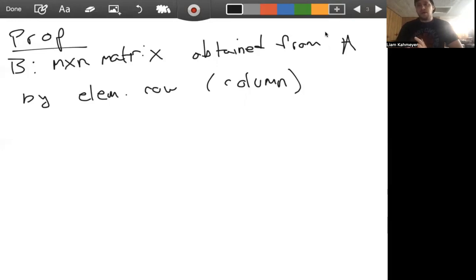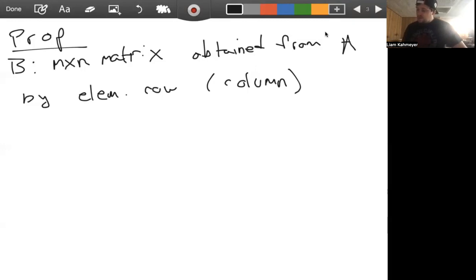Remember, the transpose of a matrix is where you flip along the diagonal, swapping columns for rows. So doing row operations on the transpose is the same thing as doing column operations on the original matrix. So there's no reason we couldn't do column operations.